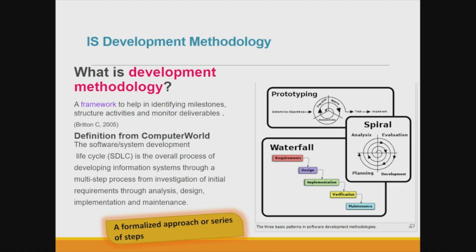You also know the types of IS, the traditional and the current practice, and the levels of management: operation, then middle, and then top. Using the current approach, you can categorize into two, the operation and the management.